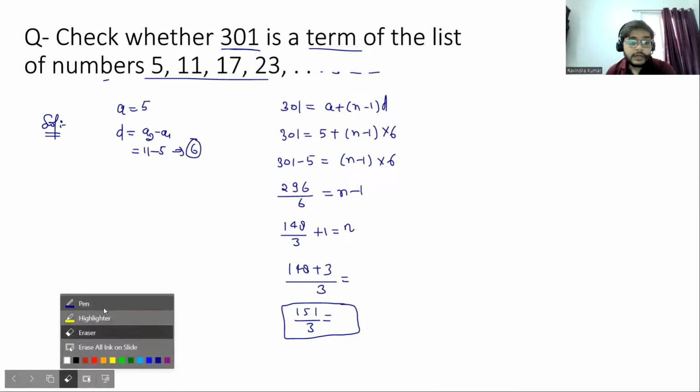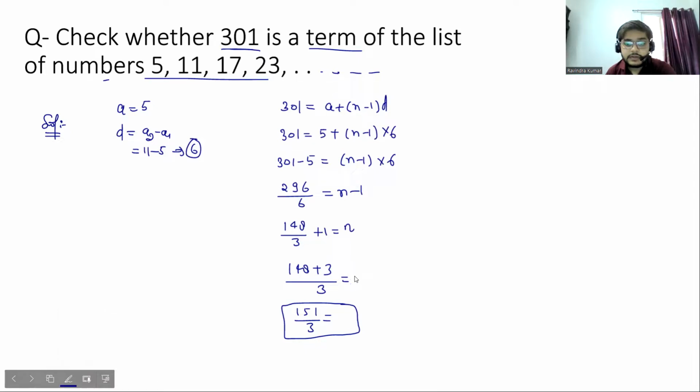So what do you conclude from here? Is it possible that 301 is in this series? Is it possible? Note down one thing, it is not possible. Why? The reason is that the value of n we are getting here is a fraction, and a fractional value of n is not possible. The term number will always be a positive whole number.